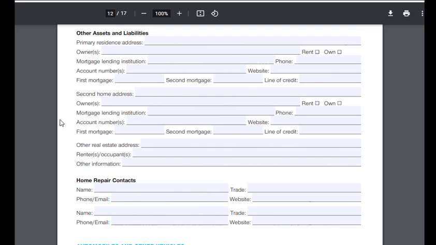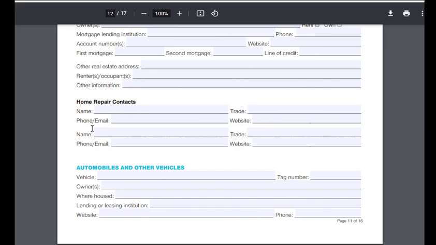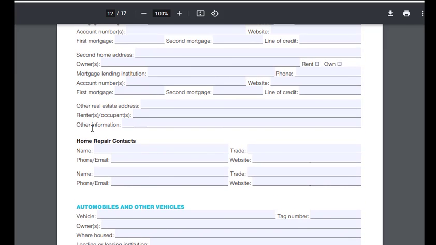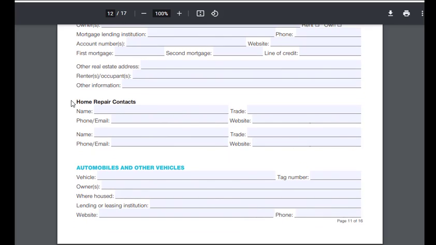Now there's other assets and liabilities. If you are a homeowner, you can list that in there. If you have a second home or any other real estate. Along with that, if you are a landlord or a lessee, you would also probably have a good maintenance person on standby.